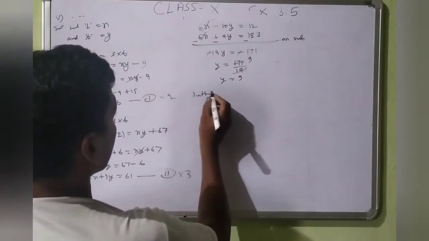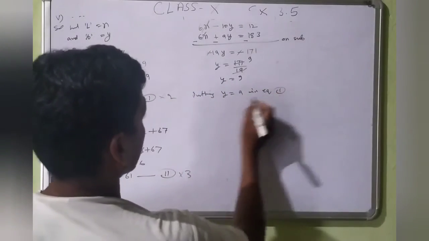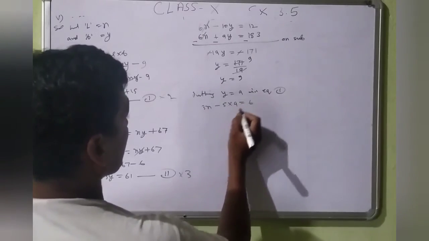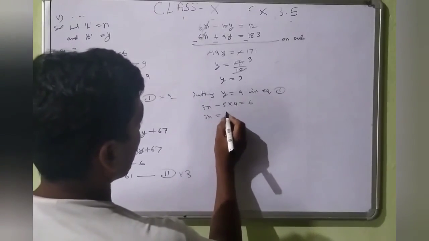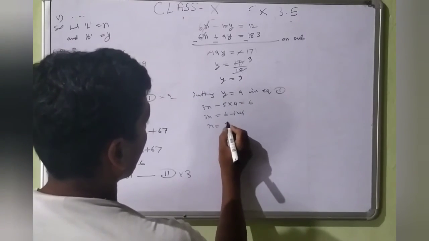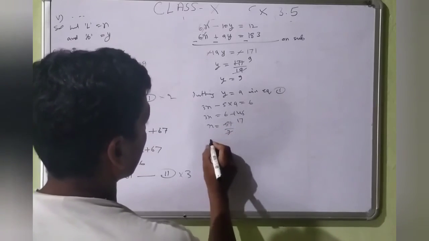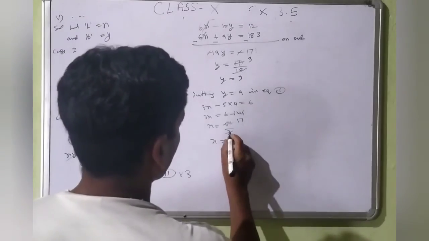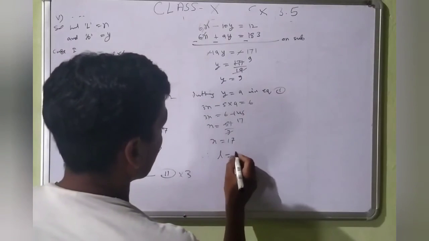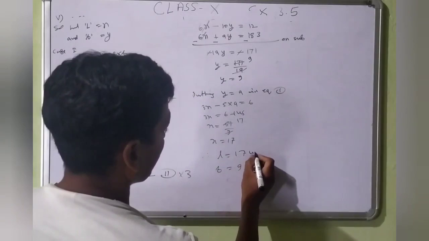Putting y is equal to 9 in equation first, 3x minus 5 into 9 is equal to 6. So 3x is equal to 6 plus 45. So x is equal to 51 upon 3. 3 times 17, so x is equal to 17. So the length is equal to 17 and the breadth is equal to 9 units.